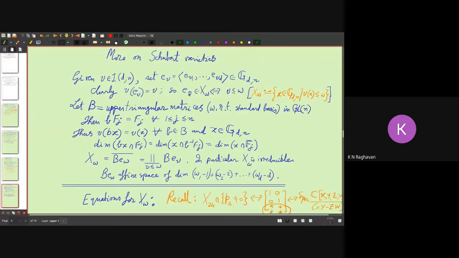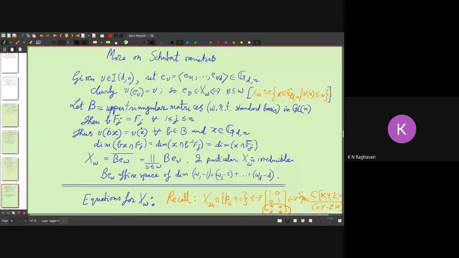So by our definition, here is the definition recalled for you: EV belongs to XW if and only if V is less than or equal to W. Now remember, at the beginning, I said that it is enough to look at all such points. Although I stated the problem as saying take a general point on the Schubert variety, it is enough to choose these special points.